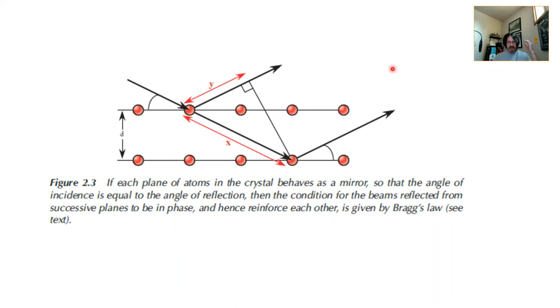The crystallographic planes are essentially a mirror. And if you're at the right so-called Bragg condition, you will achieve diffraction. If this incident beam is at the correct angle theta, you will achieve diffraction, and this angle is the so-called Bragg angle.